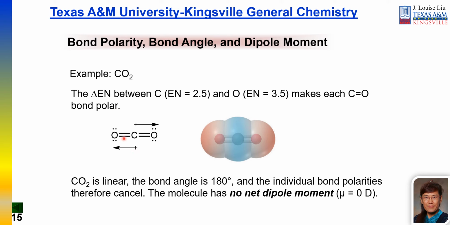However, these two polar bonds cancel each other. One points from carbon to oxygen, from left to right, another one points from carbon to oxygen the other way. So these two bonds cancel out. Your carbon dioxide is a linear molecule. The bond angle is 180, and the individual bond polarities, therefore, cancel. The molecule has no net dipole moment. The dipole moment mu is 0 debye.